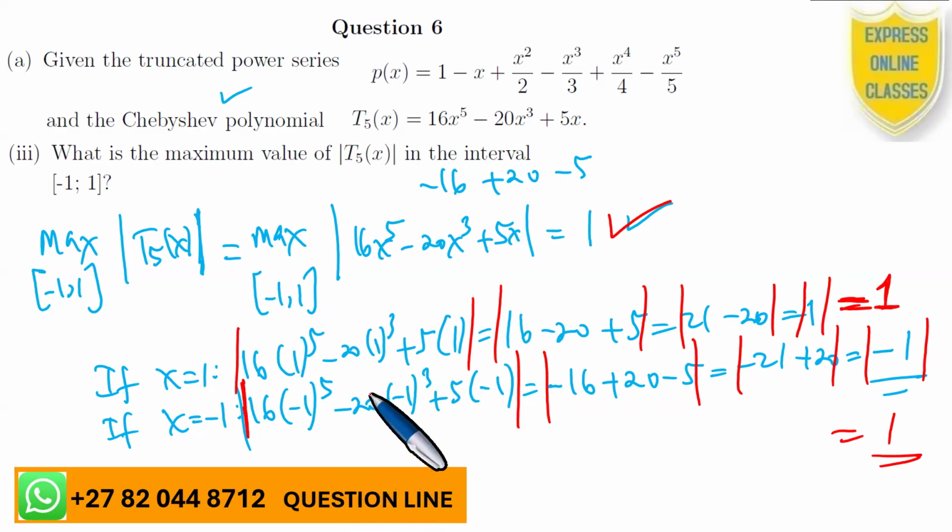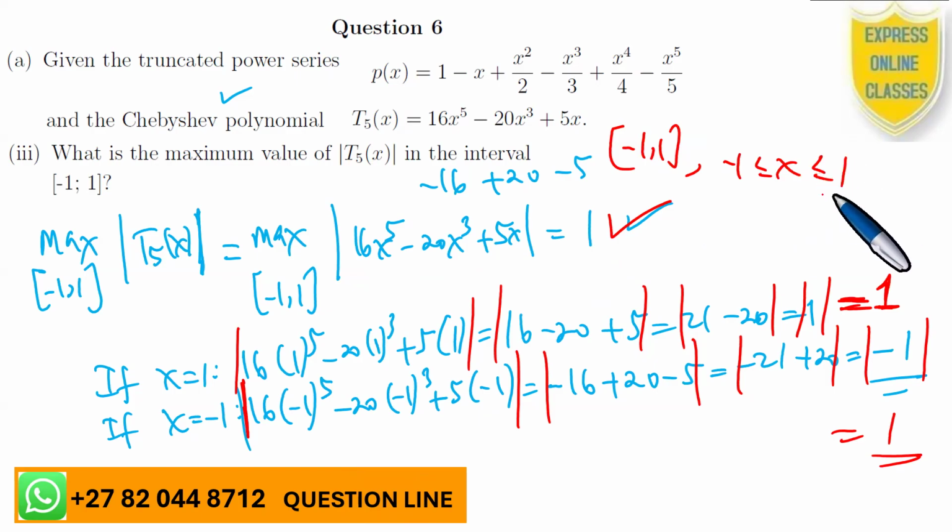Okay, so the maximum value becomes a 1, because the interval minus 1 to 1 means numbers between minus 1 and 1 inclusive, including 0. If you put 0, then everything is going to be 0, and 0 is not the maximum because 1 can be reached.